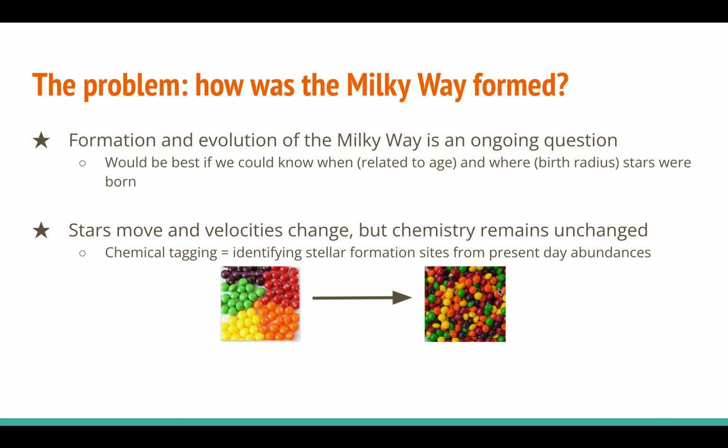The idea of chemical tagging is to be able to look at this chaotic mixture and pull out which stars were in fact born at the same time and at the same place. So basically being able to look back at this original picture.